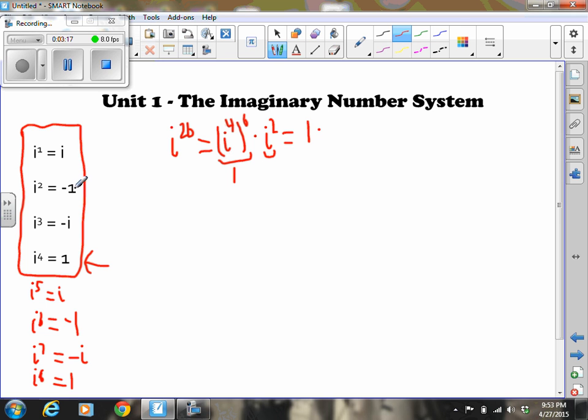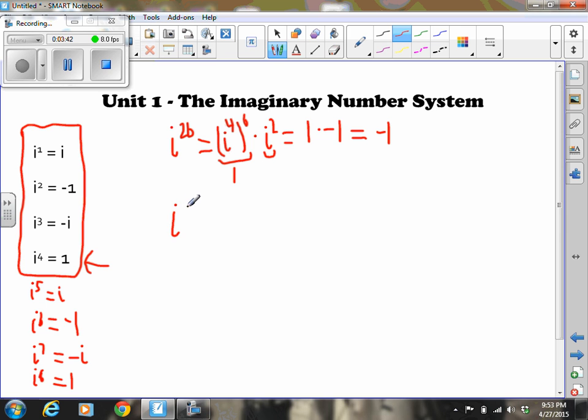Its value is -1. So I end up with an answer of 1 times -1, which gives me -1. Now it all boils down to the fact that i to the 26 is the value of -1 because there are 2 i's that are left over when you think of groups of 4. That's how we need to think about every problem.